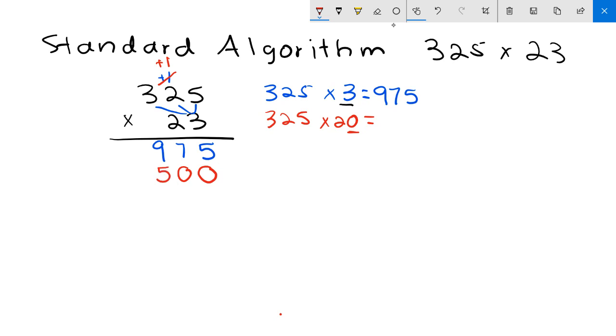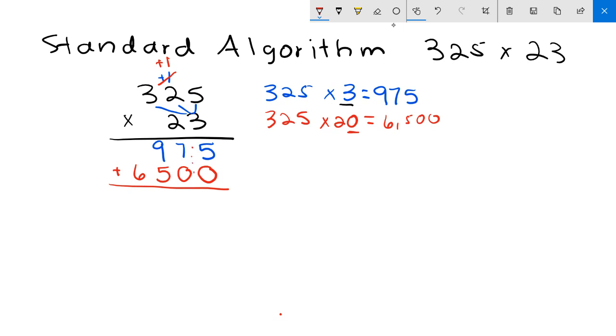Okay, and then again, 2 times 3 is 6. And then once I'm done, I'm adding. These numbers right here, 975 and 6,500, are also considered partial products, but in a standard algorithm way. Okay, so again, 325 times 20 gives me 6,500. Now I'm ready to add.